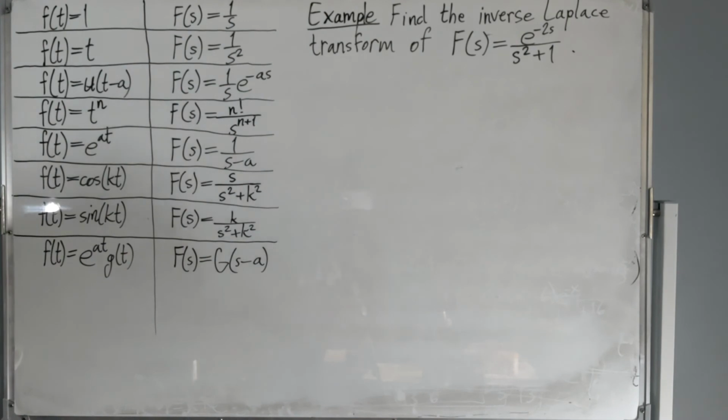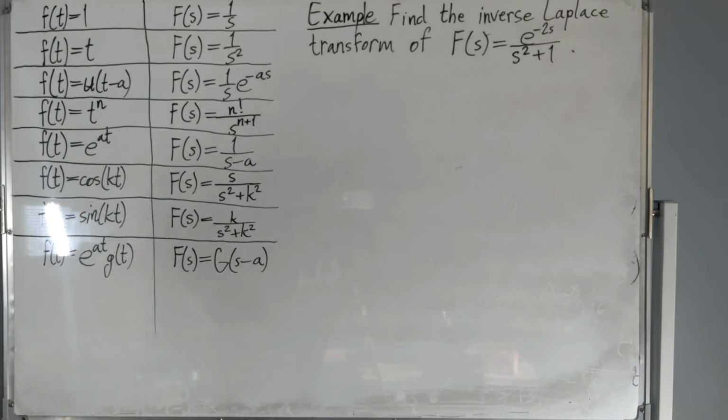Okay. Well, let's see here. That you can't really do partial fractions on because it's not a rational function. And besides that, there's nothing on the table that really looks like that.